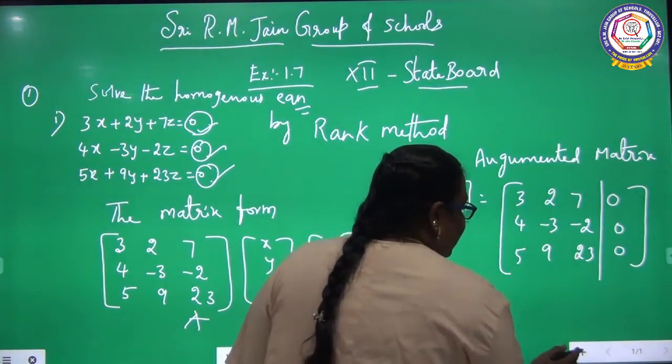See, we move on to the next slide. See here, A, comma, B equal to.